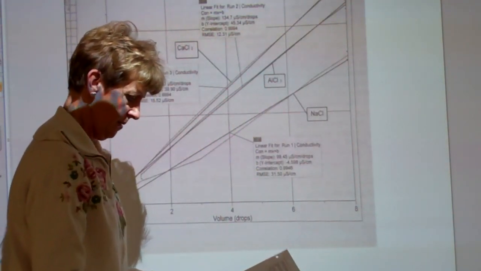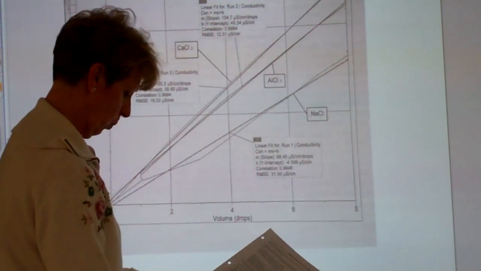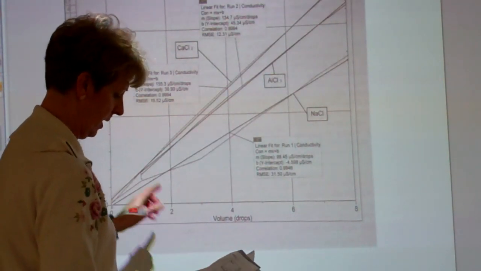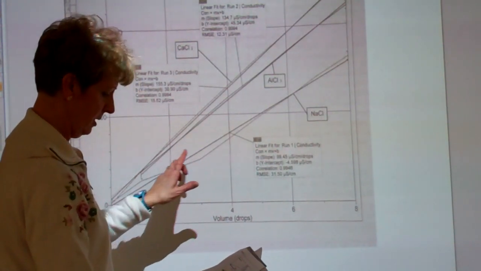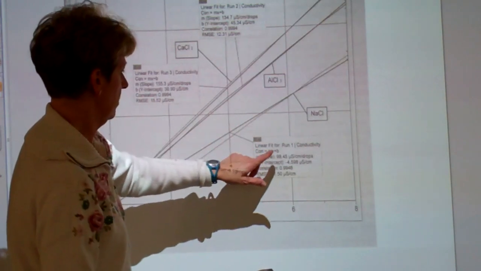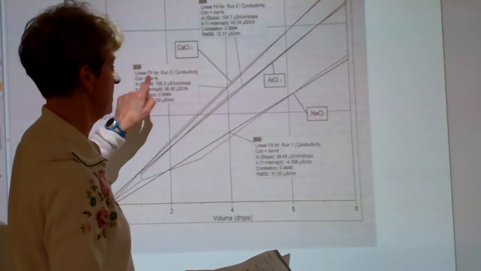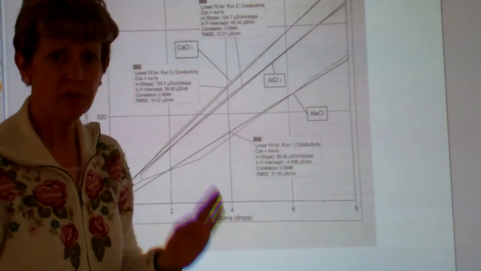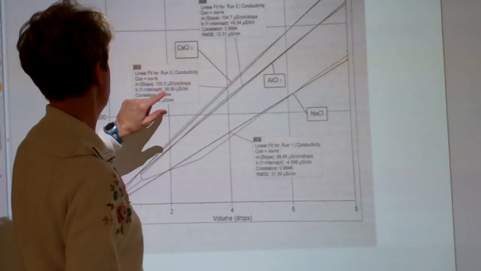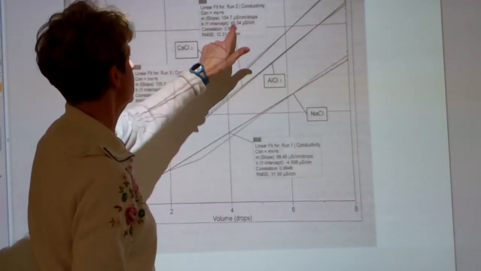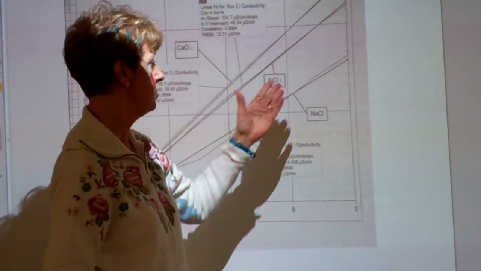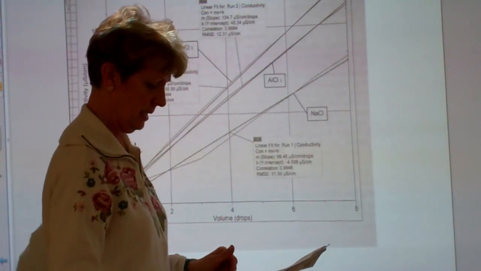This is some data from some of you, and to answer this question for processing the data 1: at low concentrations, the curve is very linear. The slope value, though, is different. Your slopes are different for each of the 3 solutions. What you should be finding when you look at these slope values is that the aluminum chloride should have a nice large slope compared to the sodium or the calcium chloride.